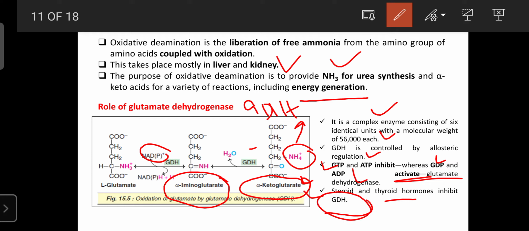Steroids as well as thyroid hormones inhibit the GDH, and in the lack of GDH, alpha ketoglutarate is not formed, and without it the TCA cycle cannot be regulated. So during starvation or abnormal carbohydrate metabolism, we do not get the energy if you are using steroids and thyroid hormones in excess.